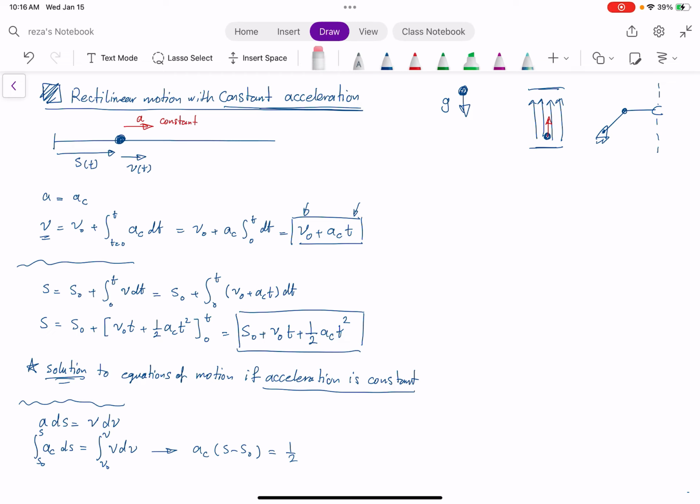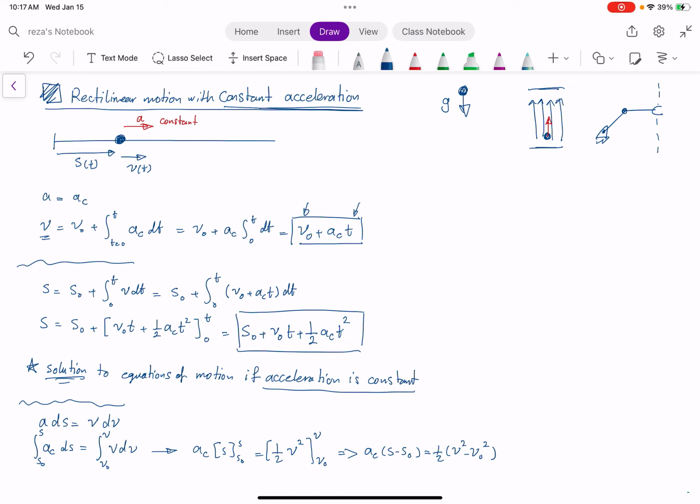Let me write it a bit more clearly. A_C times the integral from S naught to S of ds equals 1/2 V squared, from V naught to V. If you put in the bounds of the integral, it becomes easier to see: A_C times (S minus S naught) equals 1/2 (V squared minus V naught squared).